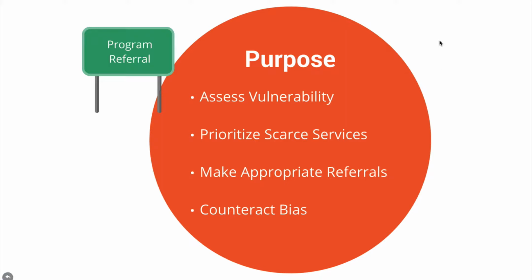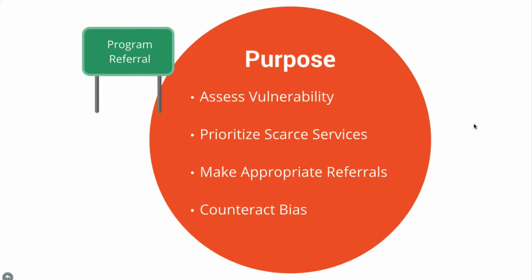The way we're doing prioritization now is based on vulnerability. And when we talk about vulnerability, we mean pretty serious stuff, like vulnerability to dying while still experiencing homelessness.